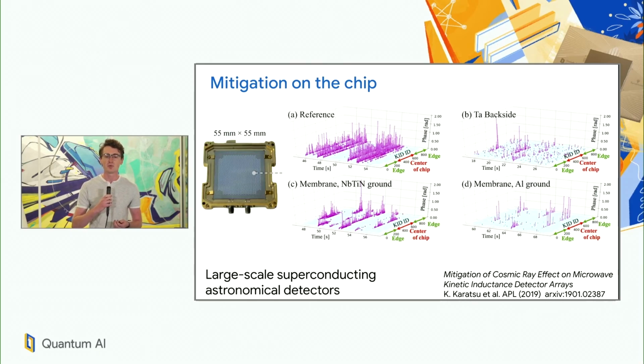So this is an example of a large-scale MKID telescope detector made of superconducting resonators, where they also see highly correlated error events. And they've deployed some techniques, including backside absorbers, which effectively suck up the phonons, preventing them reaching the sensitive device, as well as changing structures on the chips, including barriers and membranes, to prevent the phonons spreading the energy over such large distances.